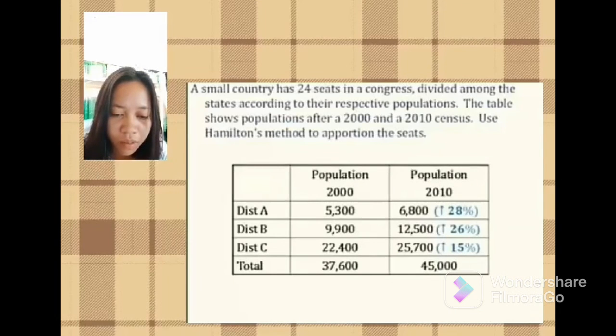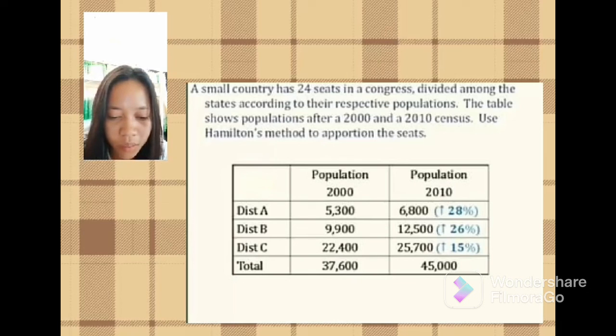Here is an example. A small country has 24 seats in Congress, divided among the states according to their respective populations. The table shows population after a 2000 and a 2010 census. For Hamilton's method, apportion the seats. Population 2000 and population 2010.